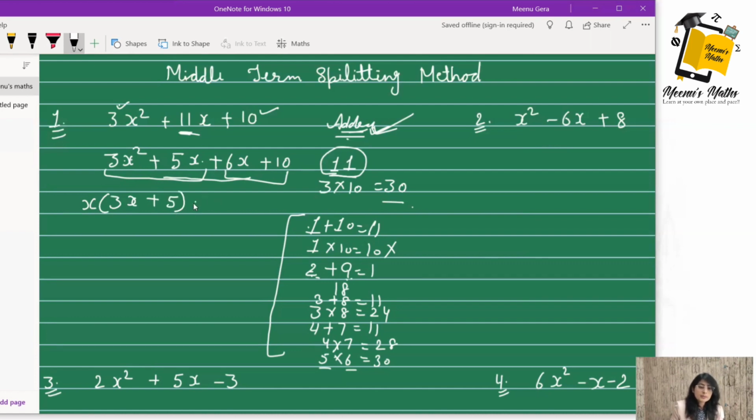Here it is plus, so this is plus. Take common from the third term and fourth term, 6x and 10. That is 2. I have taken common 2 from 6x, so 3x is remaining.